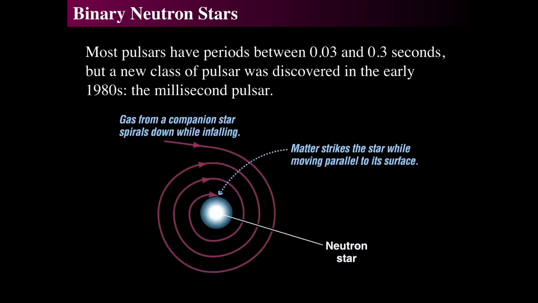So the act of falling onto the neutron star actually imparts the spin of the material orbiting it that then lands on it as it goes around and around. That spin of the disk and the material then imparts that onto the neutron star, and it can actually make the star go faster and faster. So when you have an X-ray burster, you should also have a millisecond pulsar.